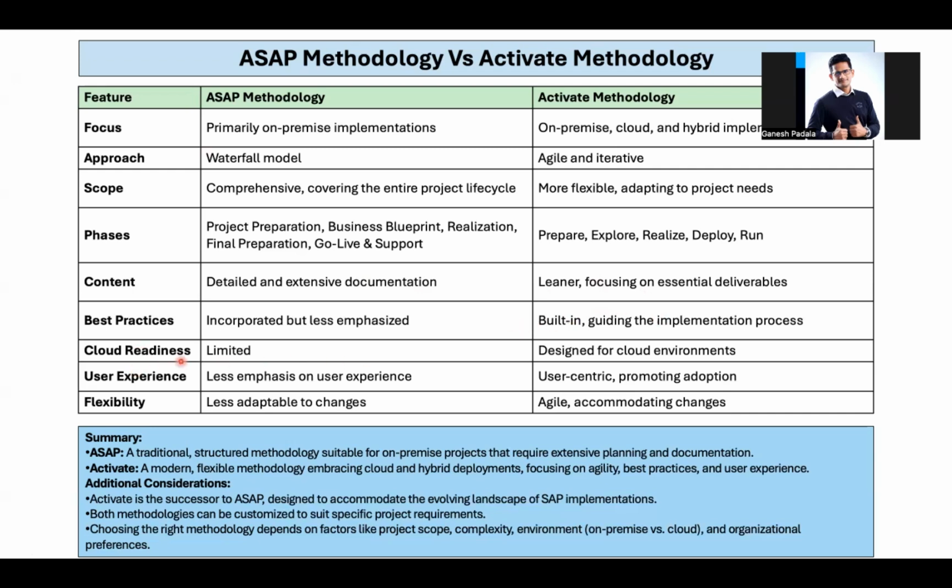Cloud readiness. In the SAP methodology time, the cloud was limited, almost negligible. Even when we worked on SAP methodology with S/4HANA, the database was different, but everything else was like ECC. But when it comes to Activate methodology, it's designed for cloud environments.